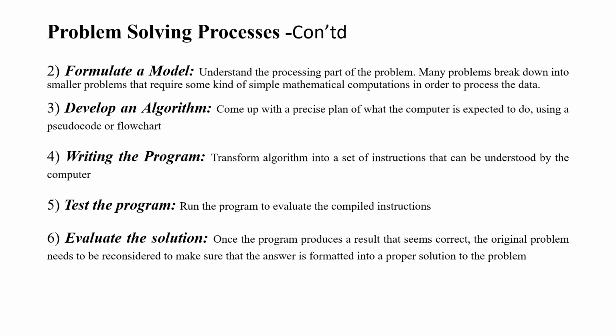After you have test run it, then you can now evaluate the solution. That is the last process. Once the program produces a result that seems correct, the original problem needs to be reconsidered to make sure that the answer is formatted into a proper solution to the problem.